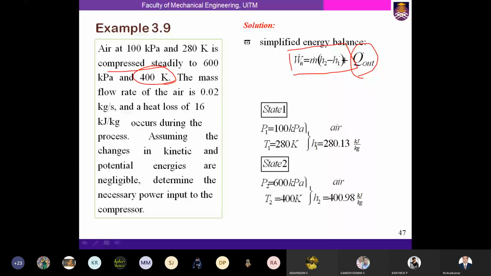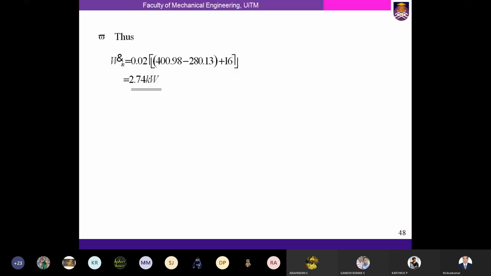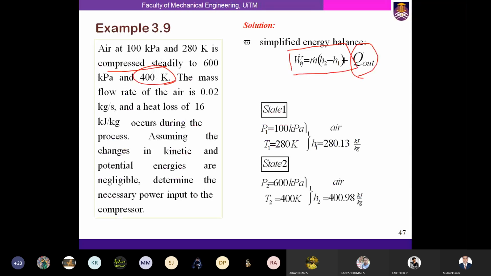Then if you substitute, mass flow rate m dot is given, 0.02, so we can directly substitute.